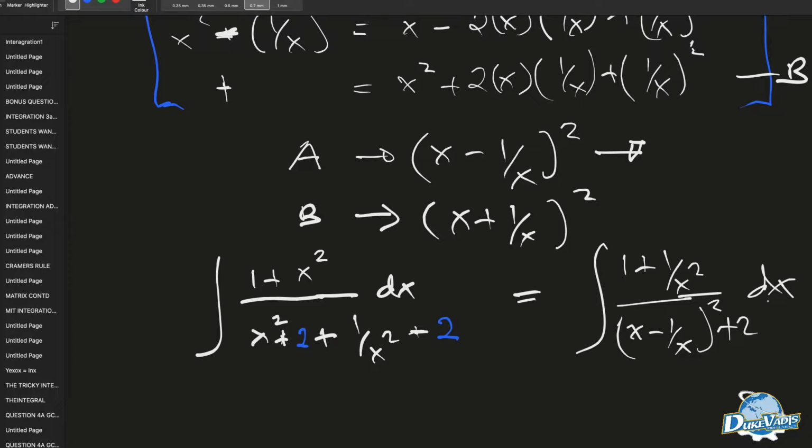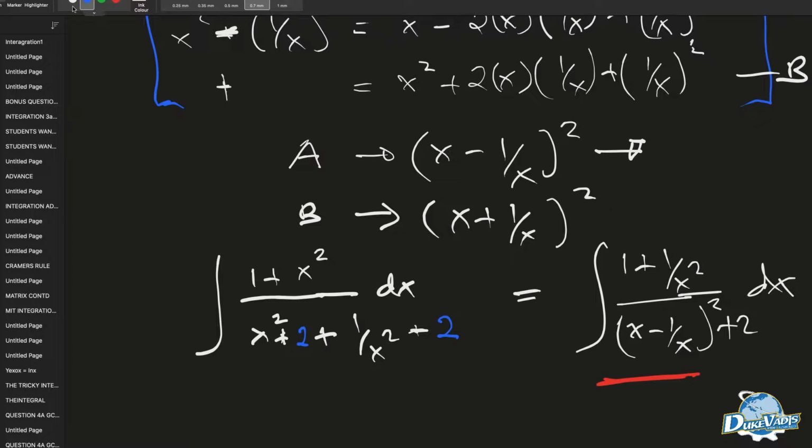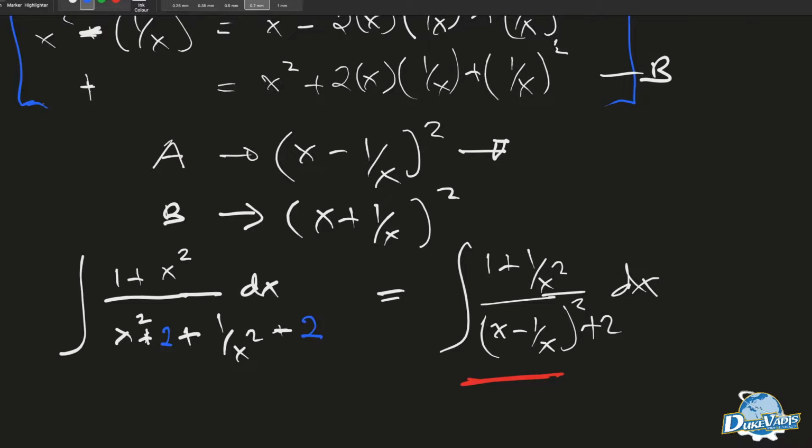Look at it very carefully. If we are able to achieve this, then we can do something. Let's expand our board.